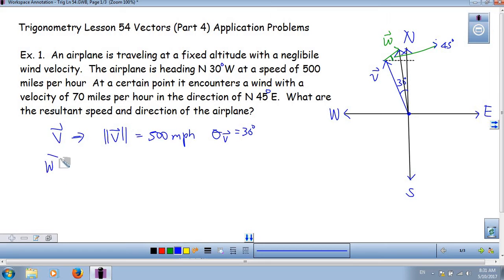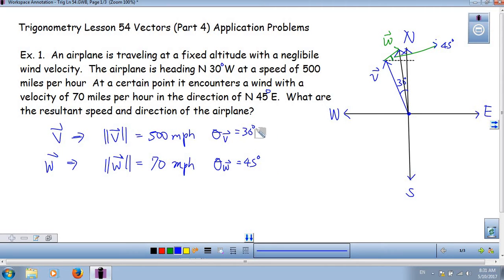The magnitude of the wind is 70 miles per hour, and the directional angle of the wind is 45 degrees.